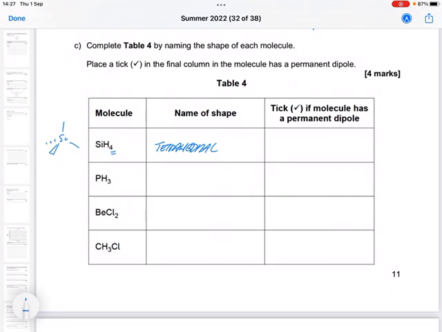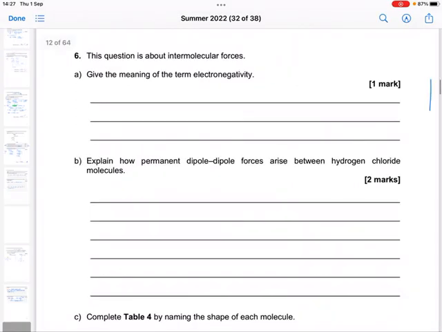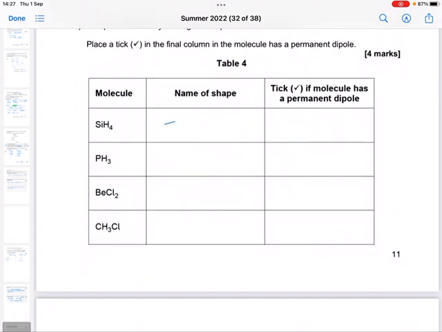The next one, PH3. So phosphorus is in group 5. So that's 5 electrons in the outer shell of that. Hydrogen brings 1 each. So that's 8. So again, that's 4 pairs. So 4 pairs, but I've got 3 bonding pairs, which means I have a lone pair, which means the shape is going to be pyramidal.